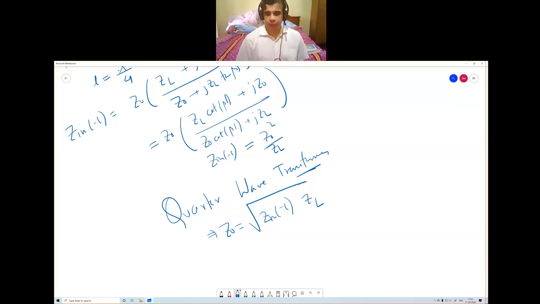Now, suppose I need to match, I have a ZL and a line Z0. ZL is now not equal to 0.